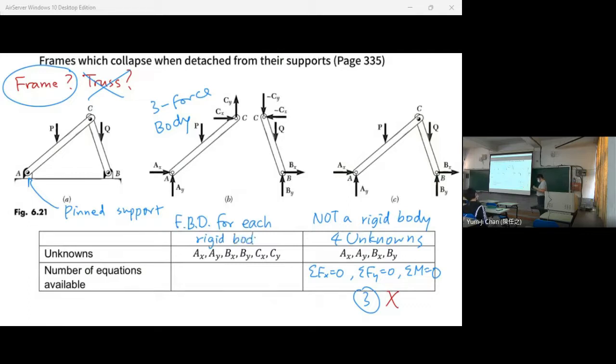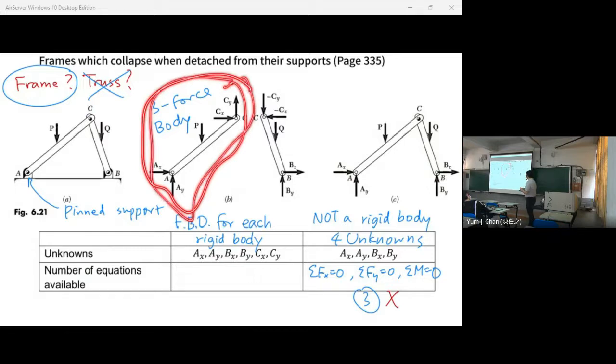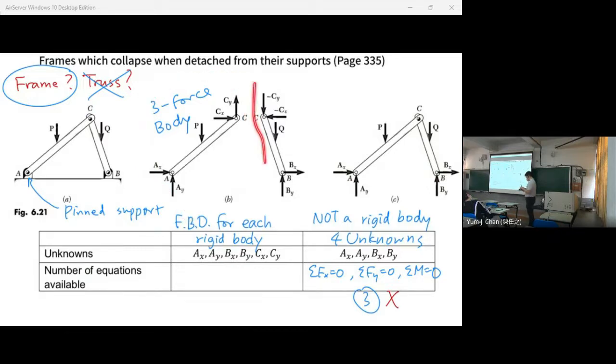So we draw a free body diagram for each rigid body. We draw a free body diagram for AC, and we draw a free body diagram for CB. Now, how many unknowns do we have here on the figure? Because P and Q are known, we have AX and AY, and BX and BY.